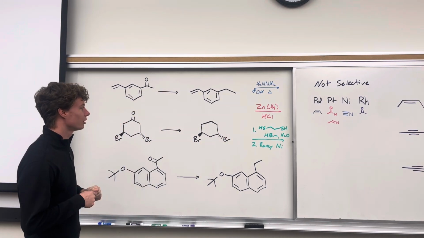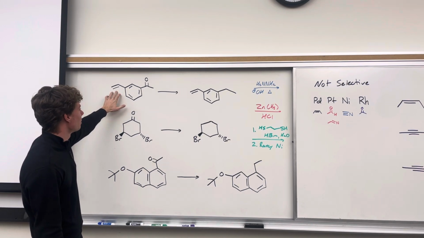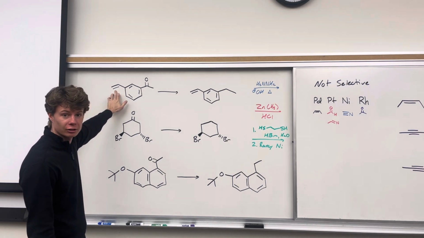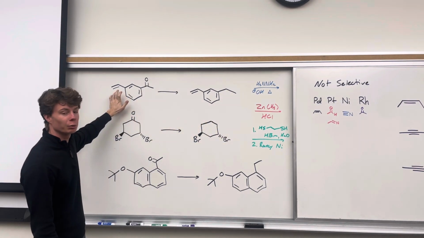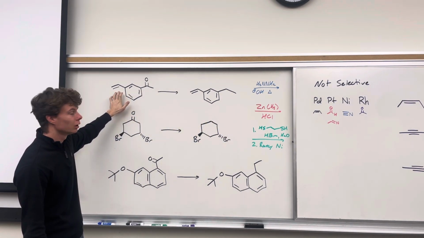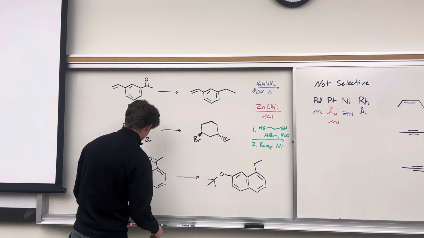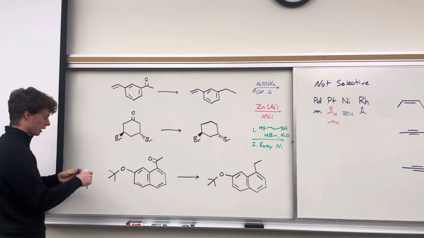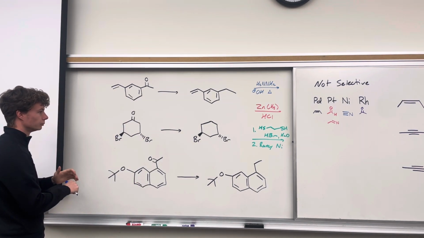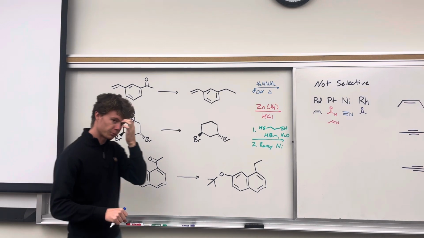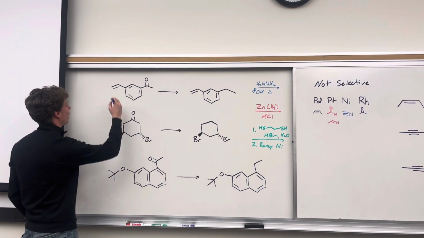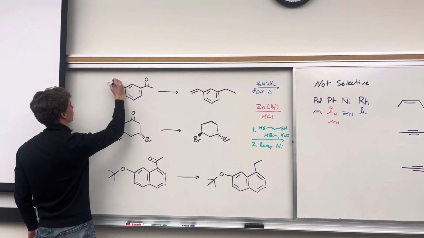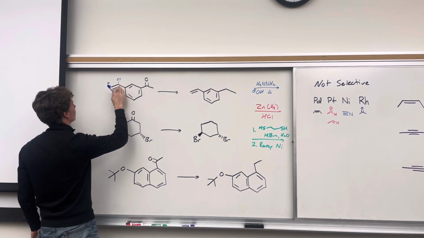Why won't Clemmensen work? We have a double bond here, a benzylic double bond, so if we have HCl and a double bond, we've done this reaction before. I would have the hydrogen add here, Cl add here.